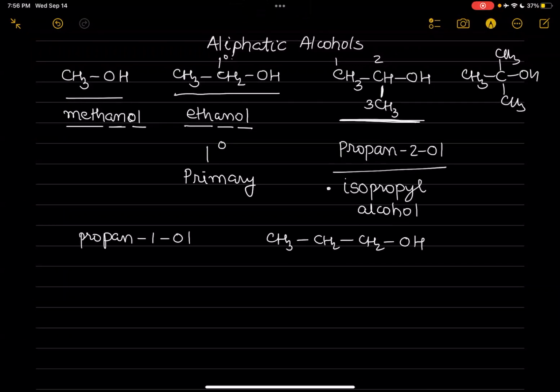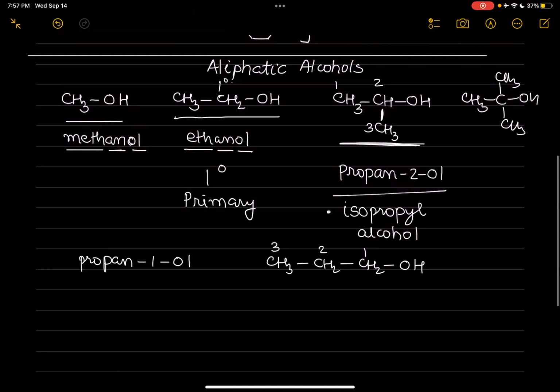Right? Is it clear? Propane 1-ol. Yes, sir. Understood. Okay, propane 2-ol is isopropyl alcohol. And propane 1-ol is primary alcohol because the carbon atom on which the OH is present is connected to one carbon.